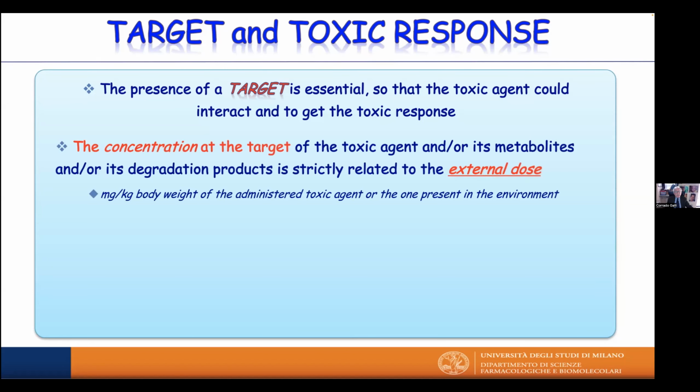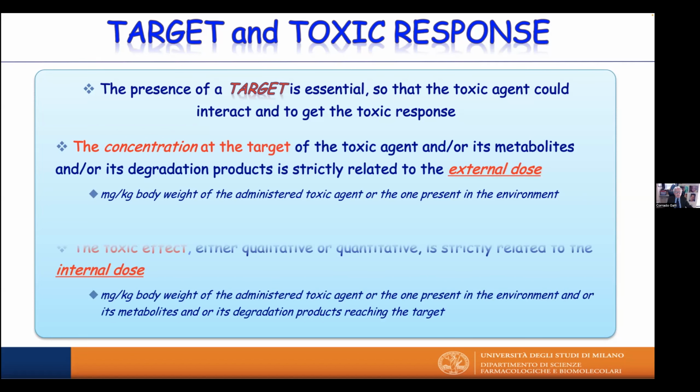So one thing that you have to clarify is that you should understand much better what the internal dose is, because the external dose is what you give to the experimental system. But it's not said that the parent compound is the toxic chemical, because it might be a metabolite, and as I said, most of the time it is a metabolite.